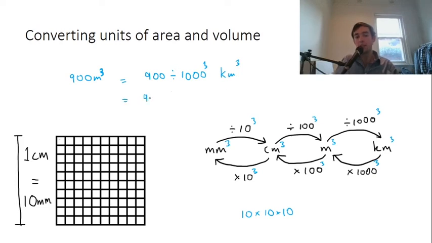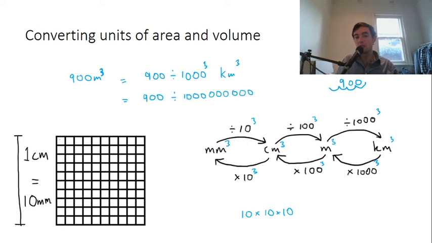And that means I'm dividing by a 1 with 3, 6, 9 zeros at the end. And if you want to do that, you have to move the decimal place to the left 9 because we're making the number smaller by dividing, so the decimal point has to go to the left.